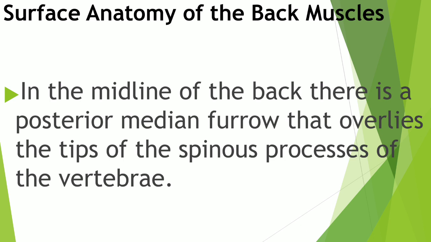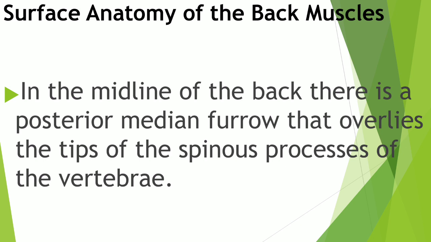The erector spinae muscles you have on the right and left produce prominent vertical bulges on each side of the median furrow. So when you look at the lumbar region, the erector spinae are readily palpable and their lateral borders are indicated by shallow grooves in the skin.